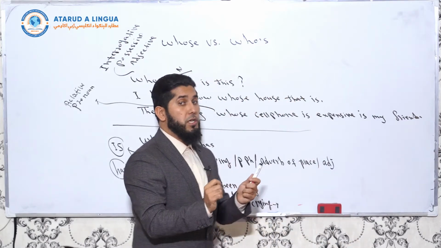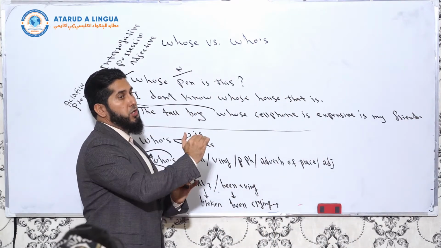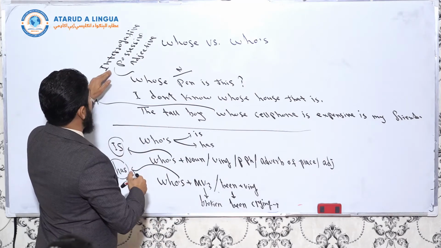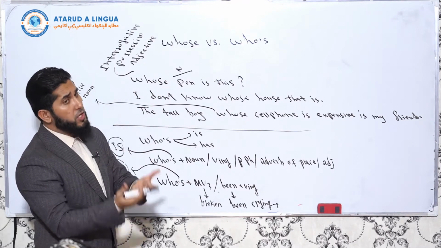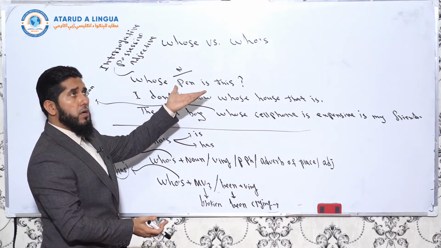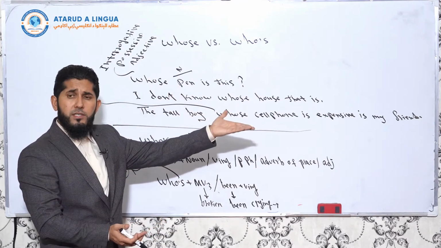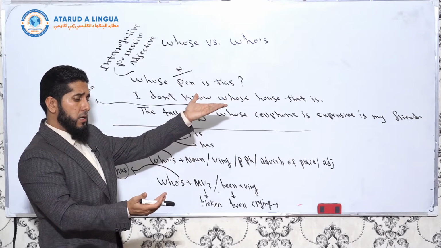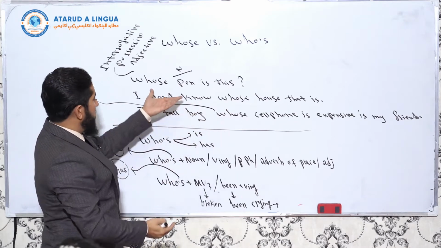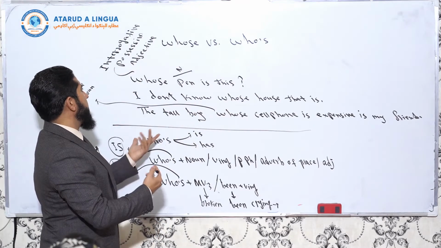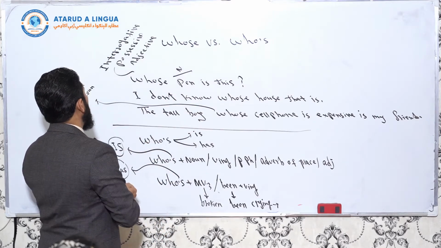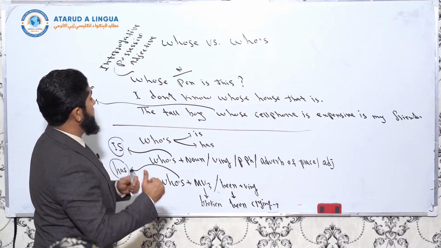So our question is about the possession of something, something that belongs to someone. It is possessive and an adjective because it modifies the following noun. So it's an interrogative possessive adjective. Whose pen is this?